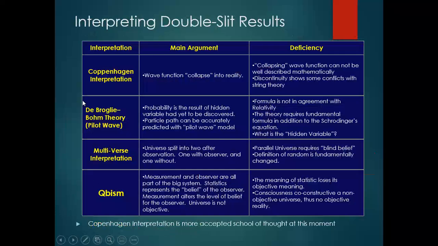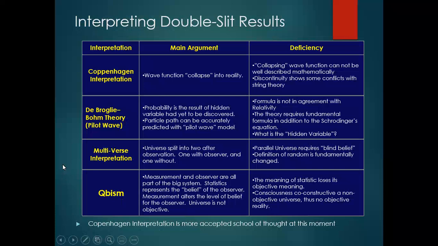And just for reference, you can Google or Wiki at your leisure. There are four main schools of thought to explain why the double slit experiment results were what they were: the Copenhagen interpretation, de Broglie-Bohm theory, which is also called pilot wave theory, the multiverse interpretation, and the QBism interpretation.